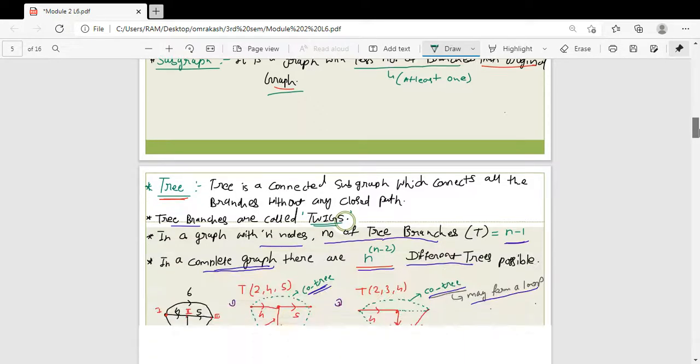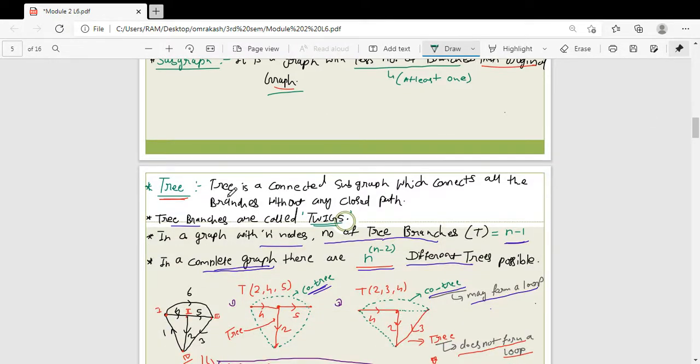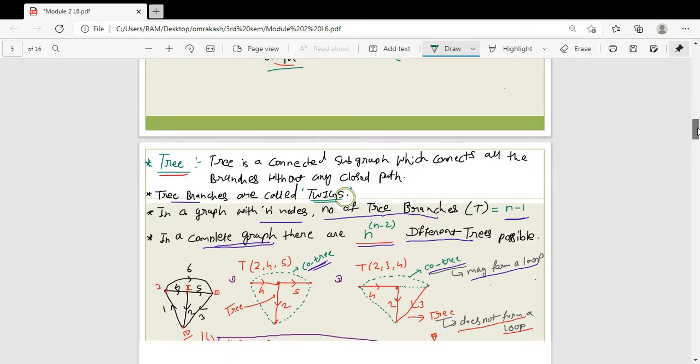And what do you mean by tree? A tree is a connected subgraph which connects all the nodes without any closed path.